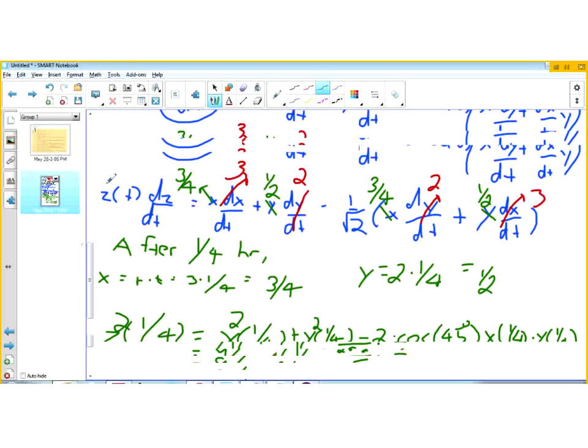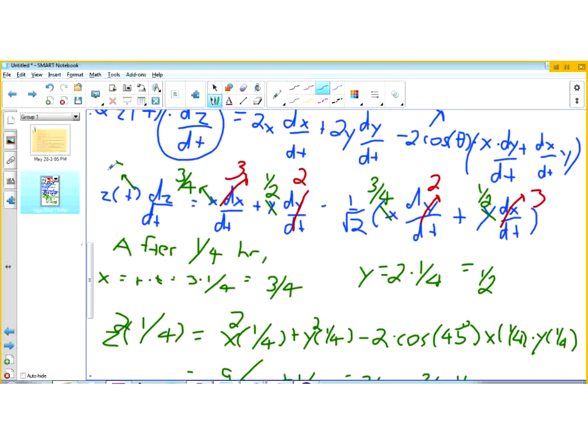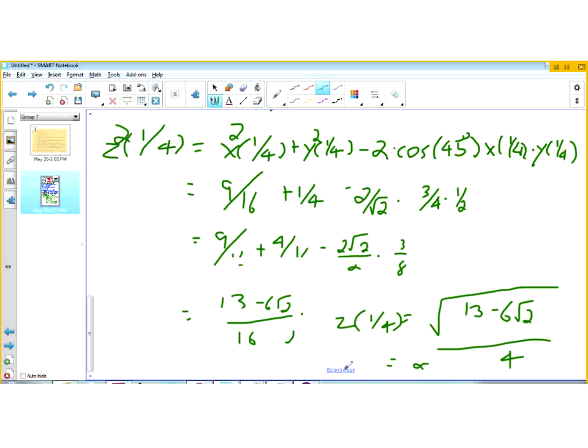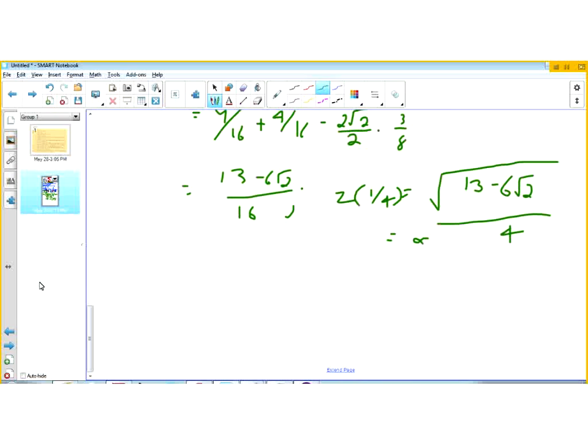Let's call this alpha. So alpha is some number. Now we go back and put an alpha in there, and all we have to do is divide both sides of this equation by alpha. So the right-hand side is resolved to a number, and we can isolate dz over dt and divide both sides by alpha, which is this number.